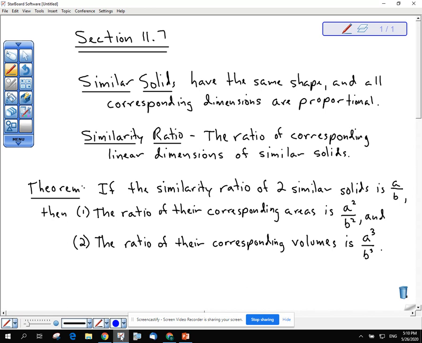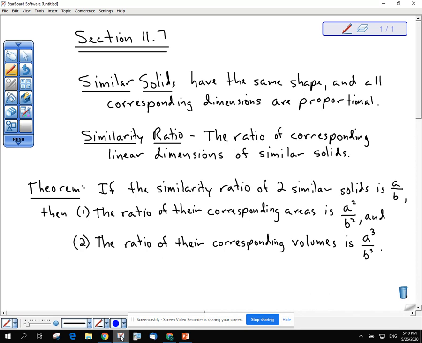If it's truly proportional, if it's truly similar solids, that's what would happen. Whatever they are, if we're able to measure it around at the same location, that's a perimeter, so that would be a length.